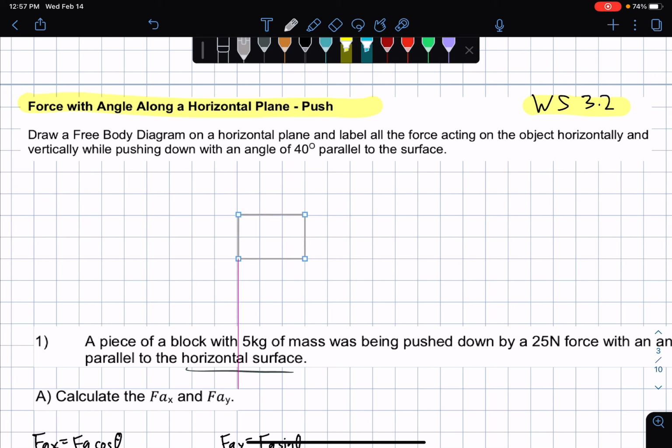First we start off with a simple shape, preferably a box or a square or a rectangle, and label all the forces acting on the object horizontally and vertically while pushing down with an angle of 40 degrees parallel to the surface. So you have something like this again. This time, because it's push, the force will go this way, and the angle produced will be this 40 degrees.